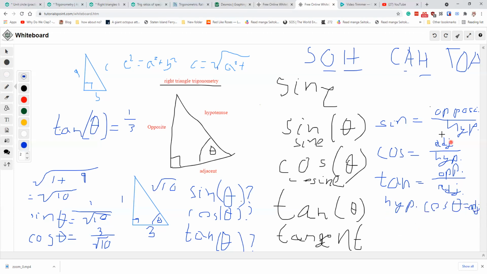And we can do the same thing here. We can multiply both sides of this equation by hypotenuse and get that hypotenuse times sine of theta is equal to opposite.